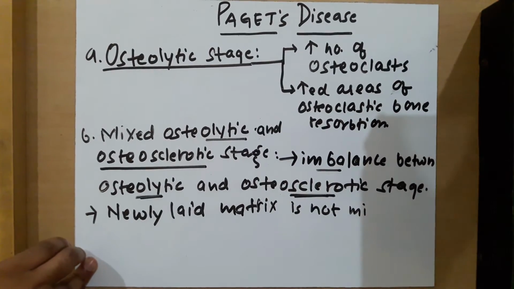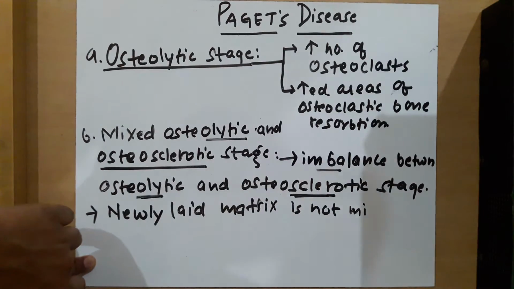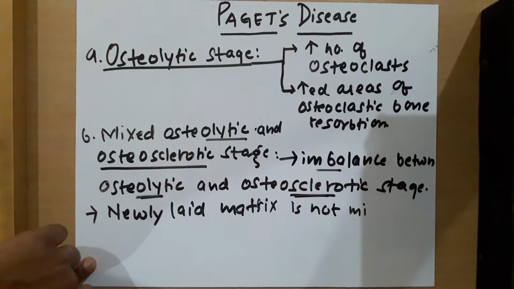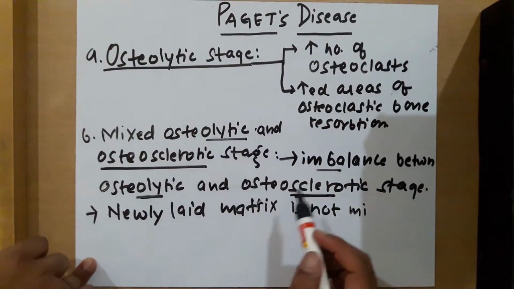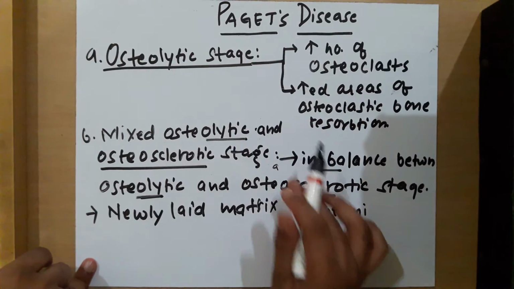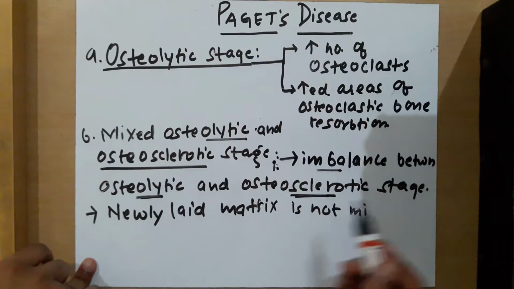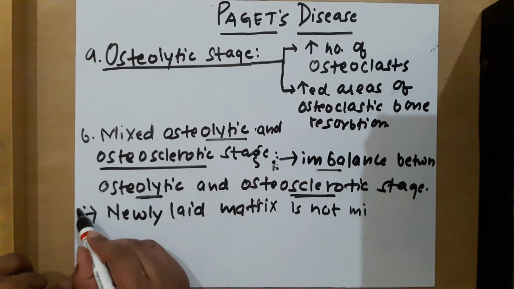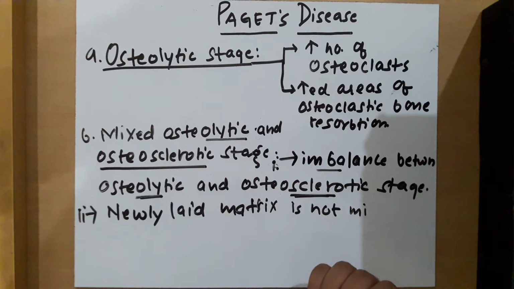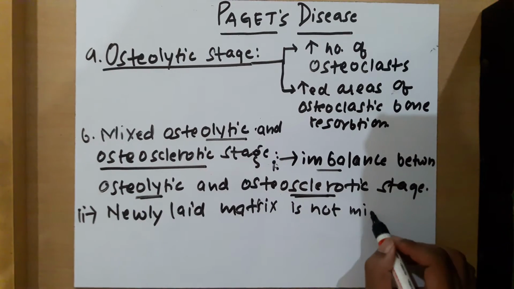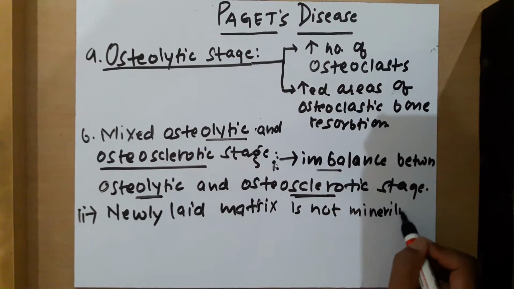These are the characteristics of the mixed osteolytic and osteosclerotic stage. So the first one is the imbalance between osteolytic and osteosclerotic activity. The second point is that the newly laid matrix is not mineralized.